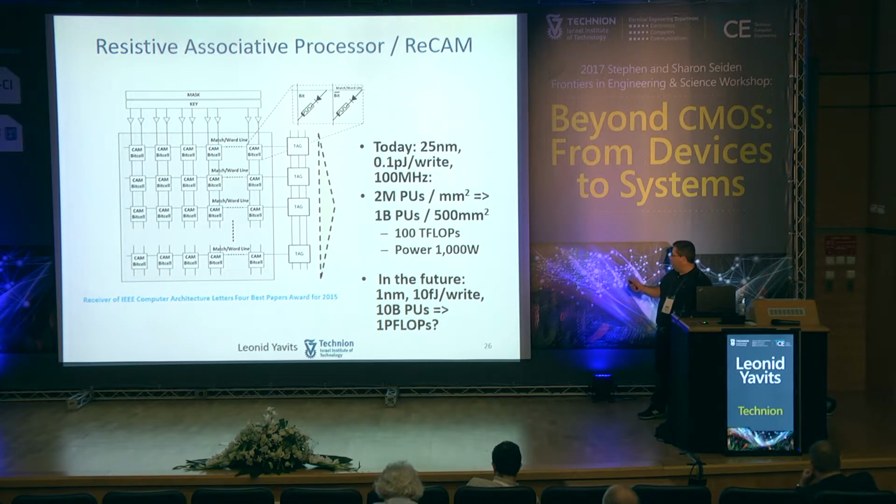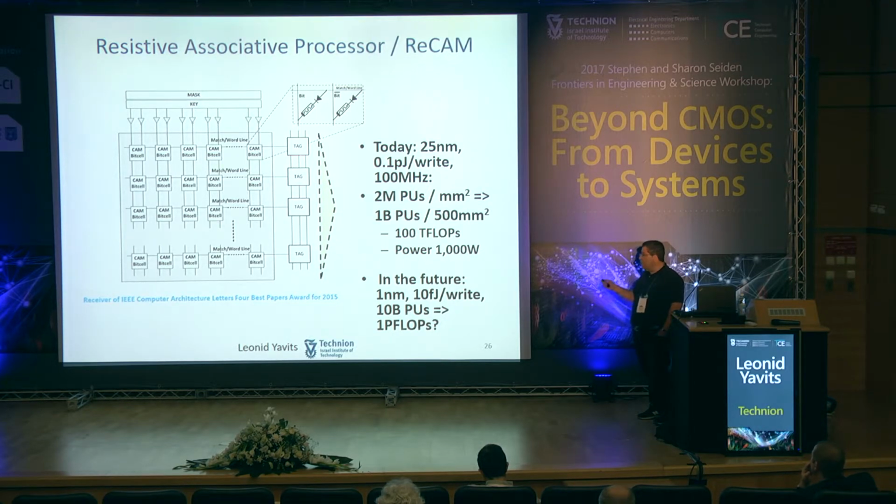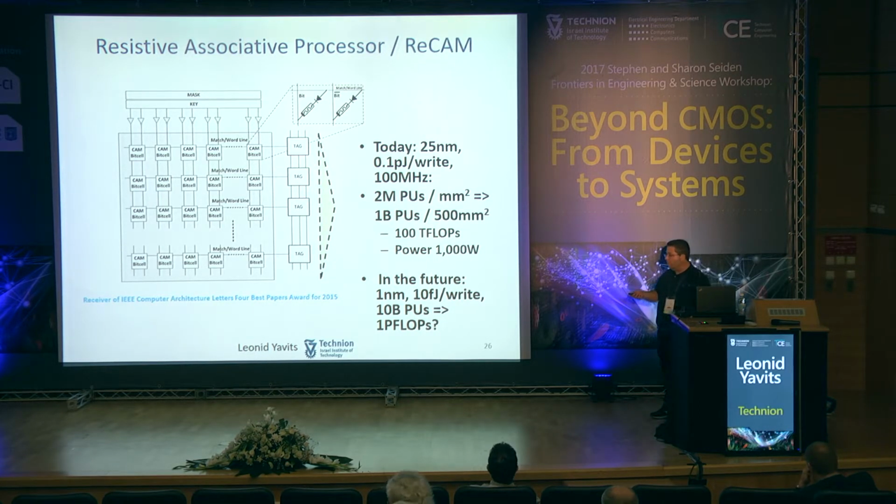Assuming an operating frequency of 100 megahertz, we can squeeze 2 million PUs into a square millimeter, meaning that if we go for 500 square millimeters, we can squeeze in 1 billion PUs, which will give us the equivalent top theoretical performance of 100 teraflops, but it will dissipate 1,000 watts, meaning it's impractical. So probably today we wouldn't go above maybe 10 million to 50 million PUs.